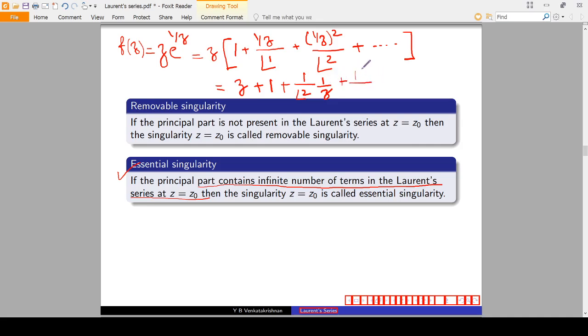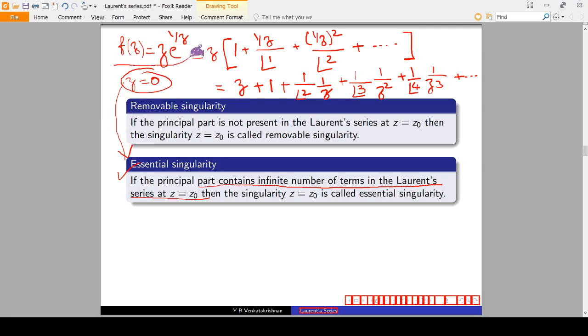The next term would be 1 by factorial 3 into 1 by z squared plus 1 by factorial 4 into 1 by z cube plus so on. So in this case, even though I have a finite number of terms in z, I have an infinite number of terms in the form 1 by z. So here z is equal to 0 is an essential singularity.